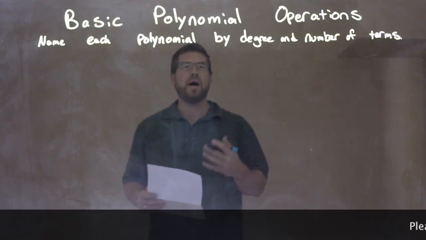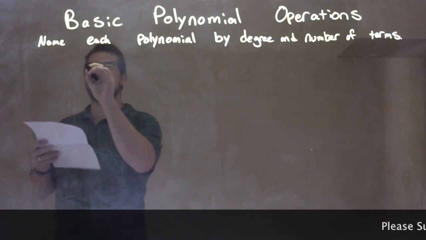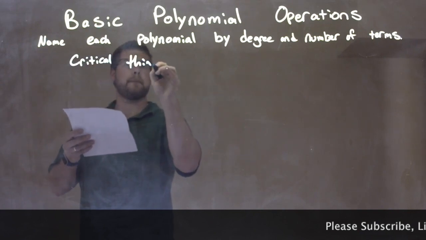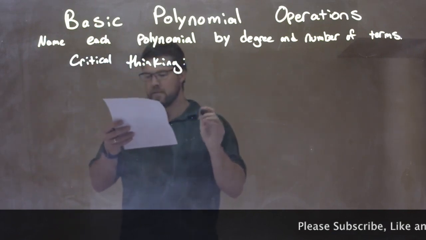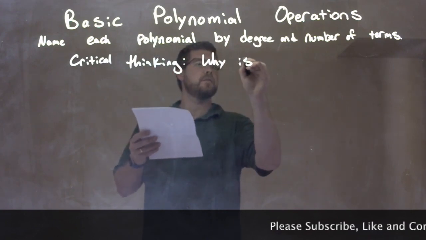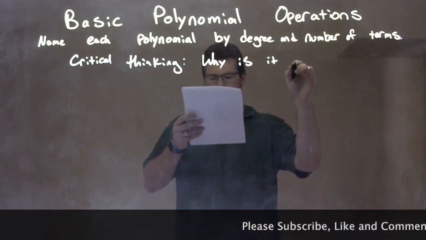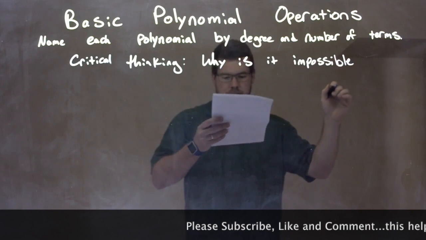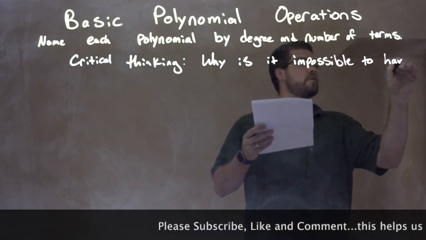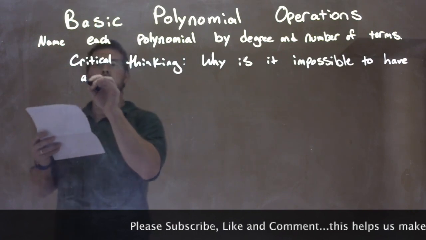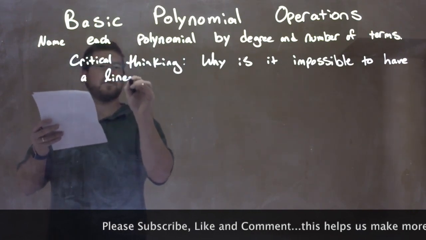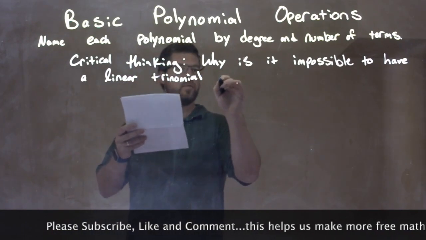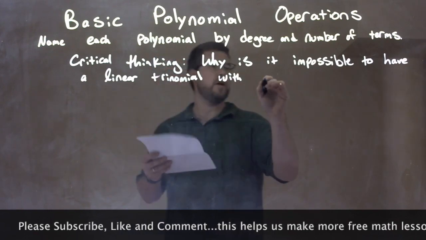This is our critical thinking question. So I'm not really naming too much here, but our critical thinking question is: why is it impossible to have a linear trinomial with 1 variable?